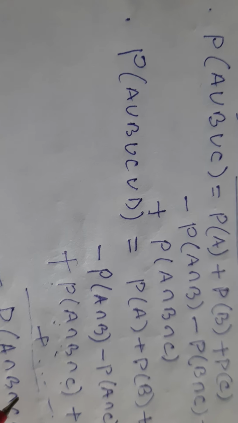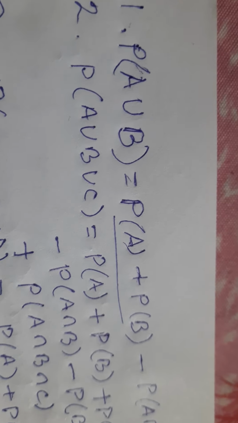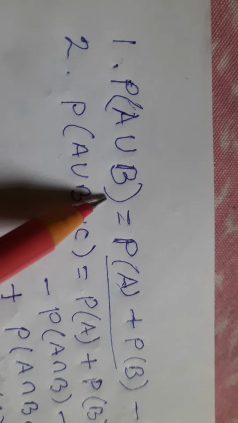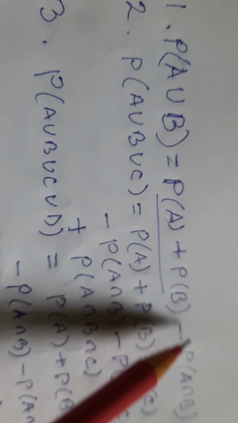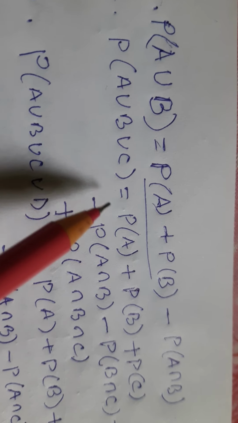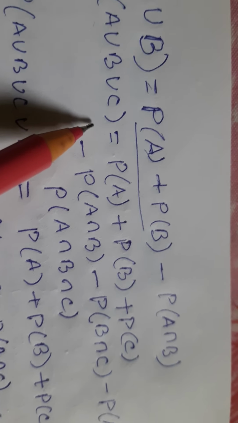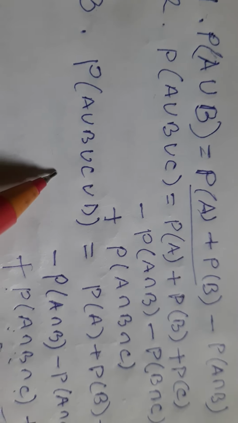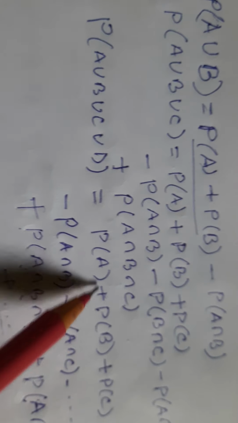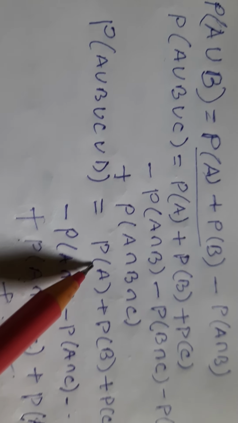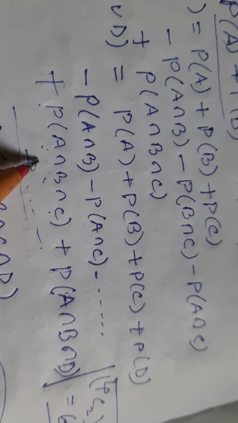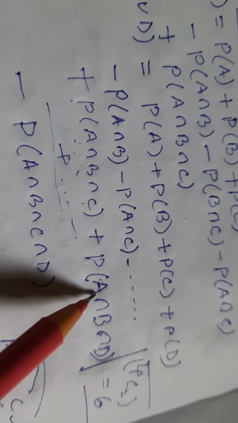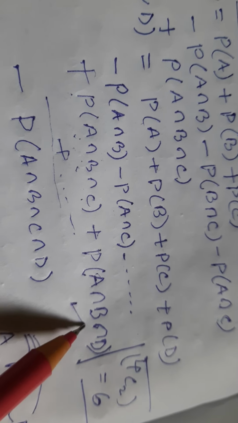So repeating again from the first step, starting from the union theorem of probability for 2 events: adding 2 terms and subtracting their intersections, and then obviously taking 3 and taking 4. I repeat just for your convenience: taking 1 we have got 4 terms, taking 2 we have got in this line 6 terms, 4C2, and taking 3 we have got here 4C3, that is 4 terms up to this.